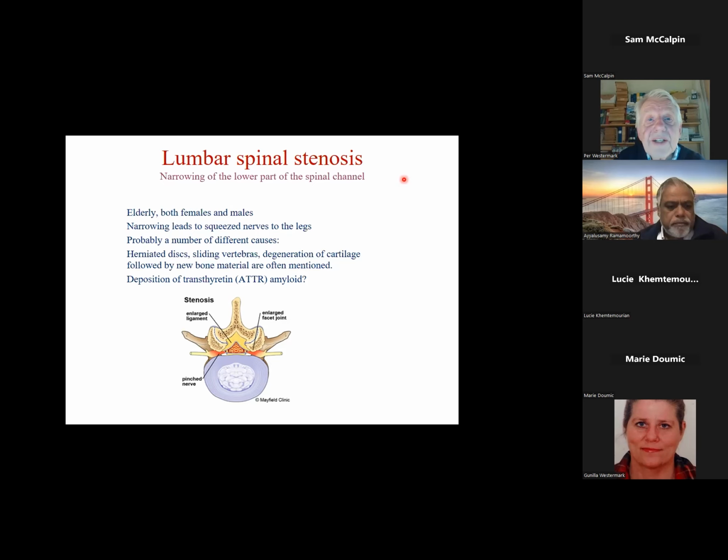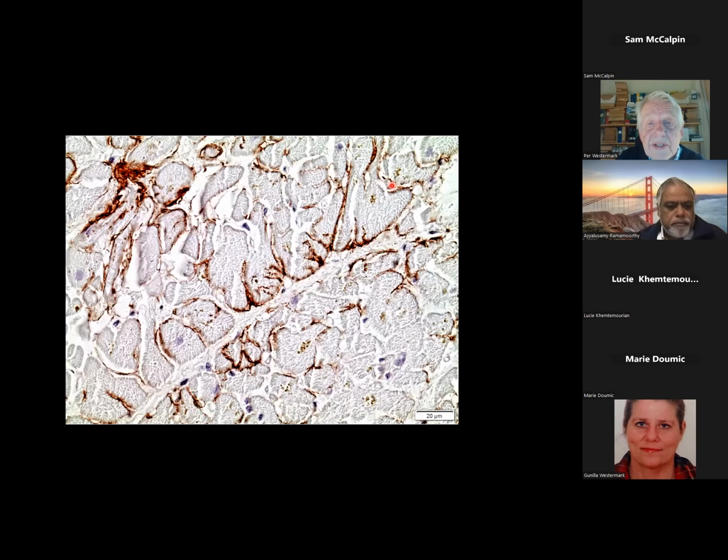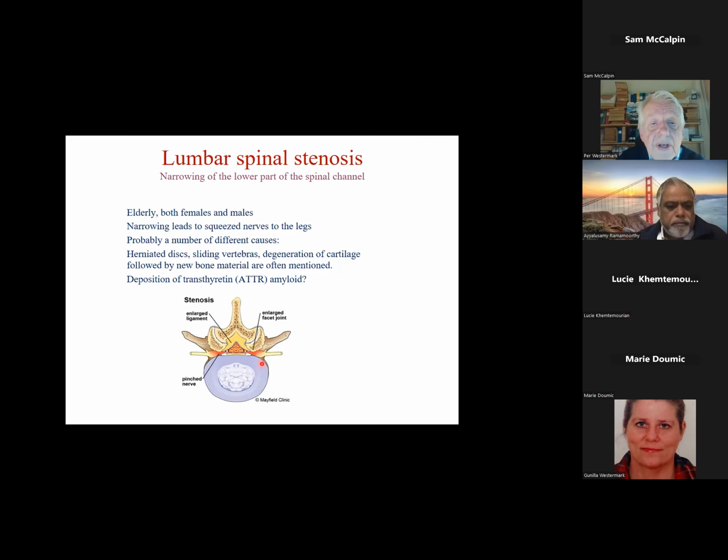And one such disease is lumbar spinal stenosis, which is a common disease, depending on squeezing on nerves coming out from the spinal cord. And associated with that is enlargement of ligaments here.